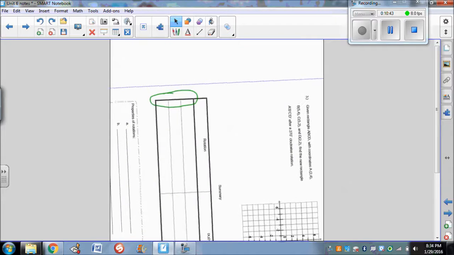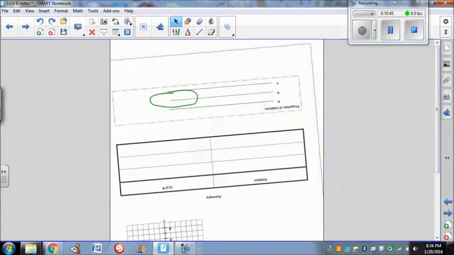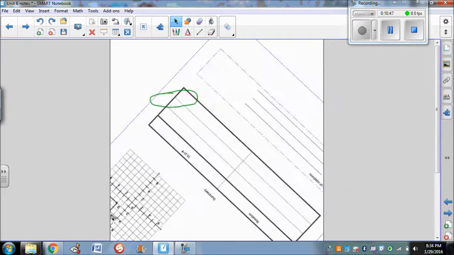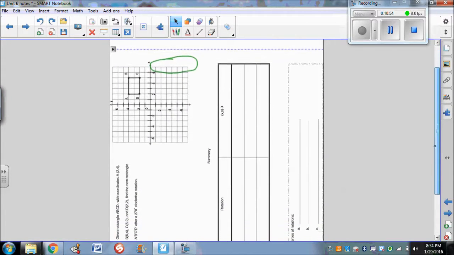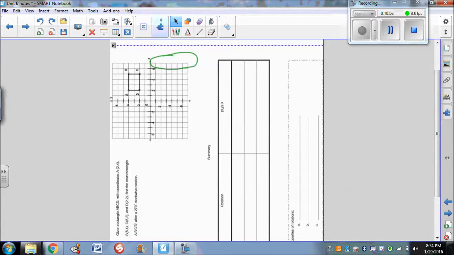There's 90. There's 180. That's upside down. Now we got to turn it 270. There's 3/4 of a turn. So let's examine this rectangle. Get your scrap paper ready. So A prime is going to be -4, 2. B prime, -4, 5.